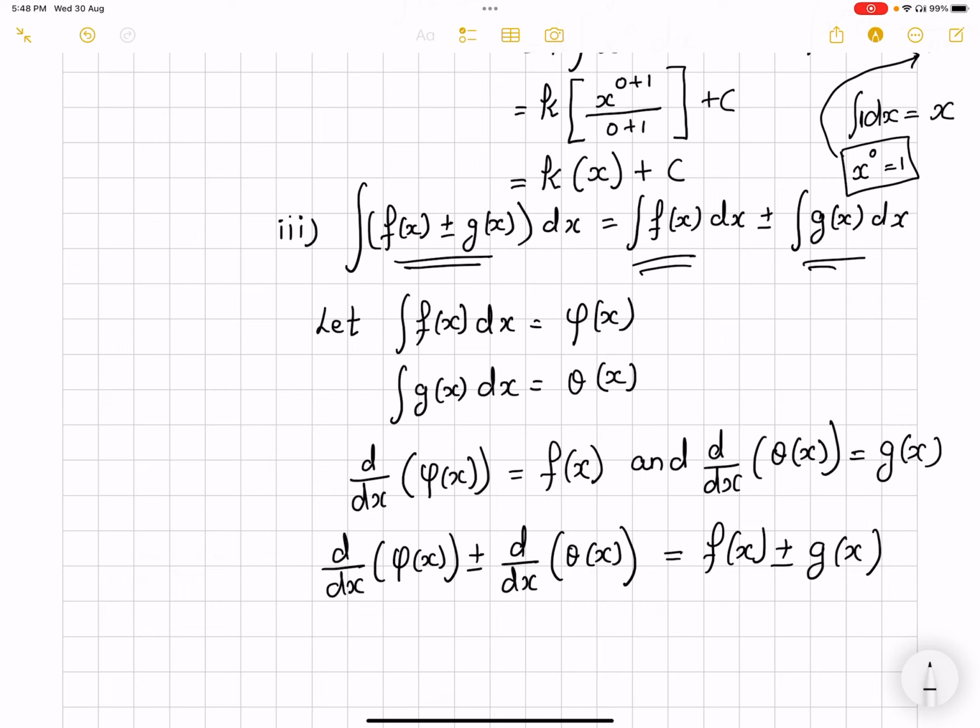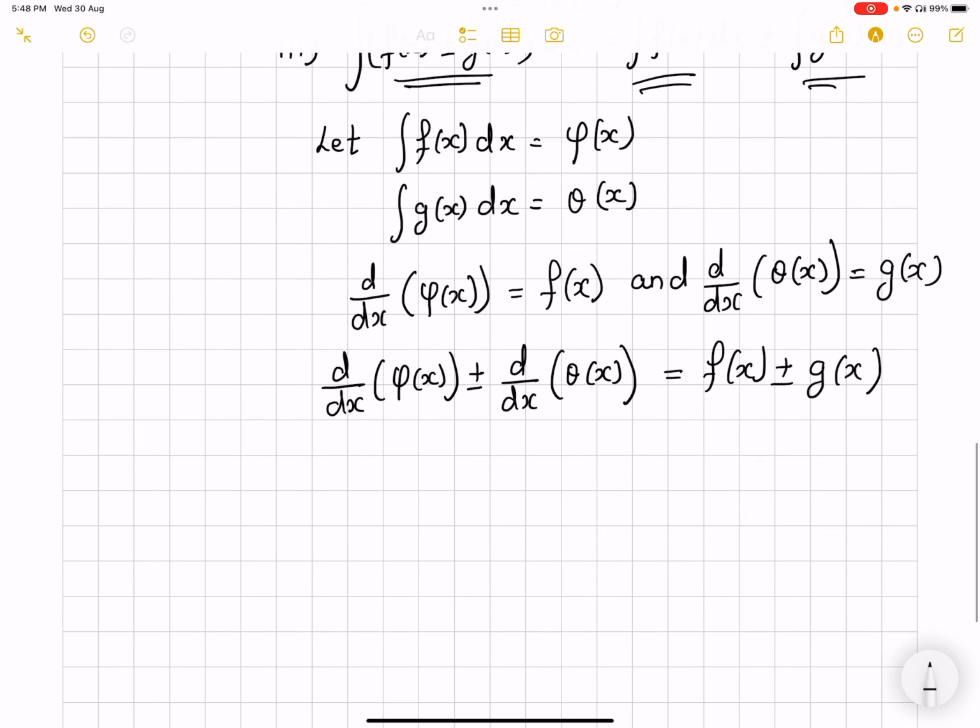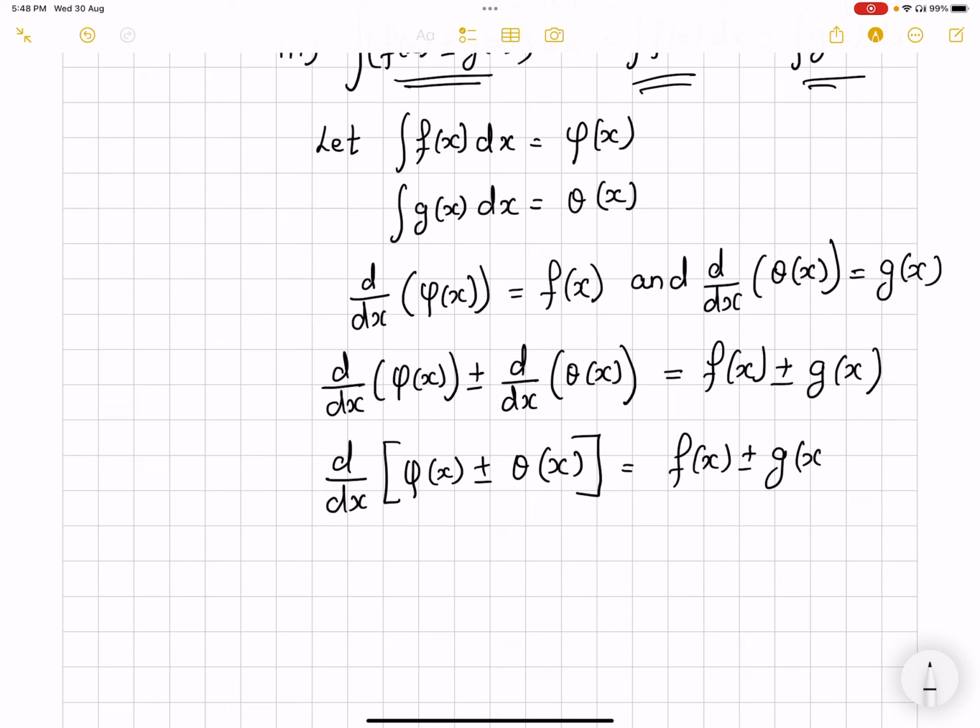So this implies d by dx, when I take it as common and write it as phi of x plus or minus theta of x, is going to be equal to f of x plus or minus g of x.